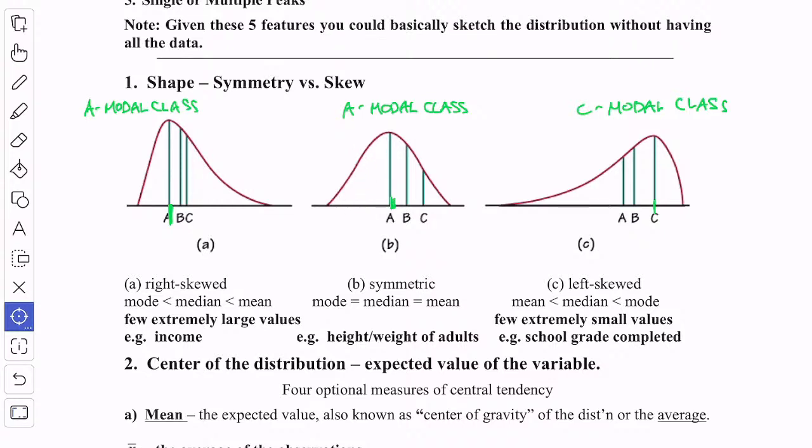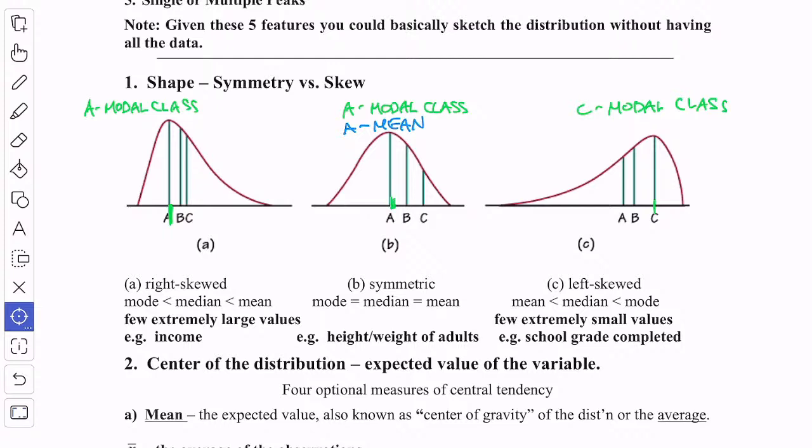It turns out that's what the mean is. It is the center of gravity, the physical center of gravity, the balancing point of the distribution. Now it turns out that in this case A is also the mean. The mean will be found here because it's the balancing point.